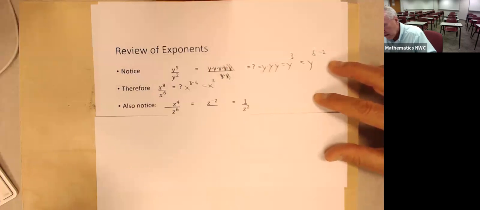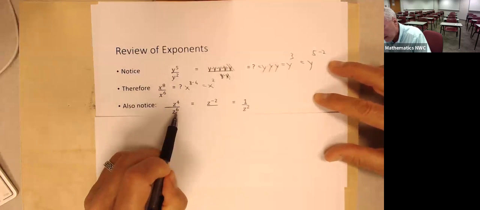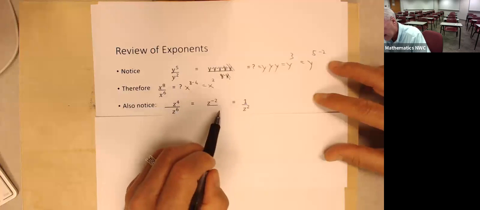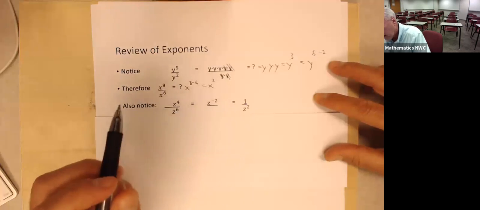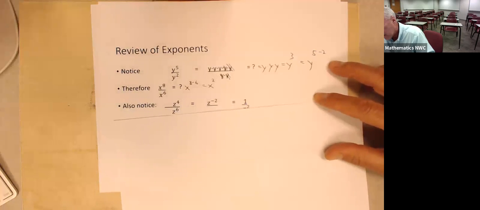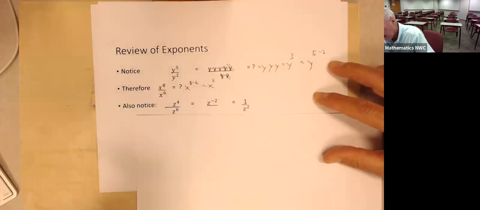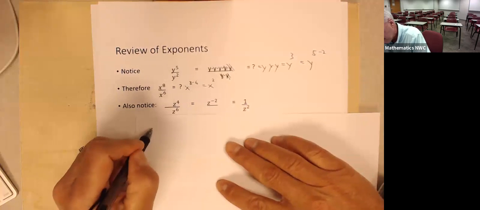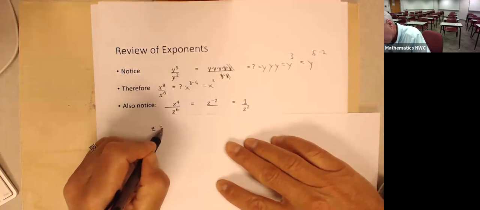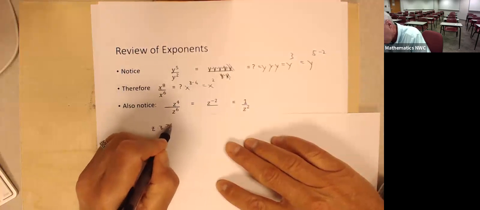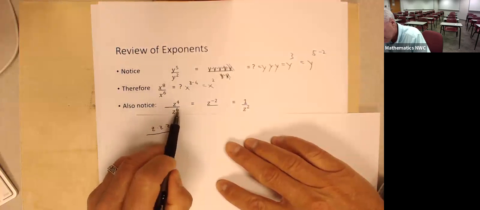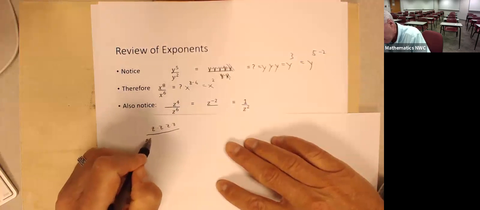Notice though, sometimes we have a larger number in the denominator. So if I go 4 minus 6, I get a negative 2. But recognize what that actually means here. I'm going to do the long method here for this one. I had 4 z's in the numerator divided by 6 z's in the denominator.